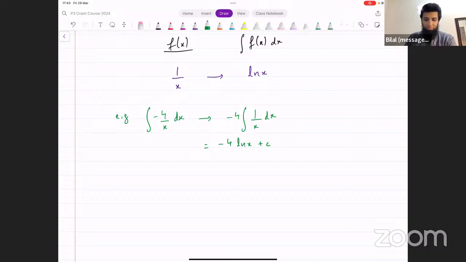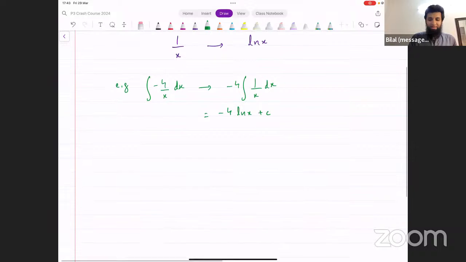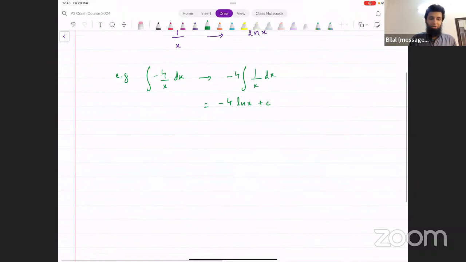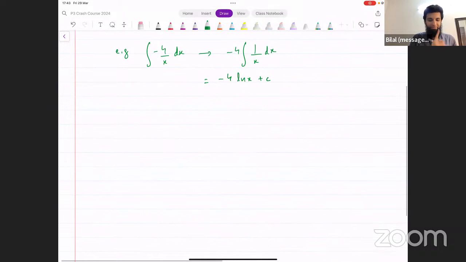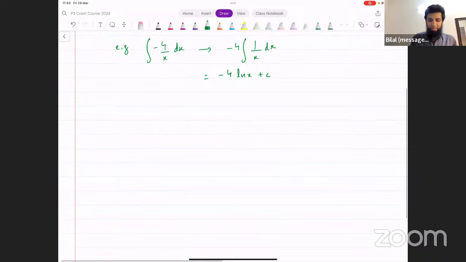This is a very simple example of ln. Remember, the power rule cannot work here. Can you use the power rule here? Will that work? Okay, minus 4 over x. How do you integrate this? Minus 4x raised to power minus 1.